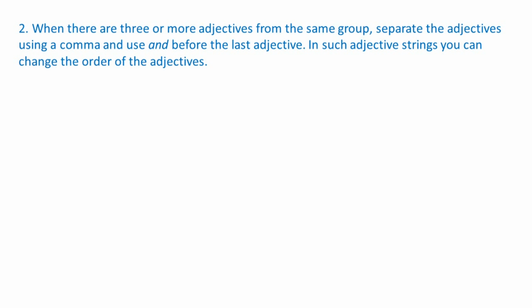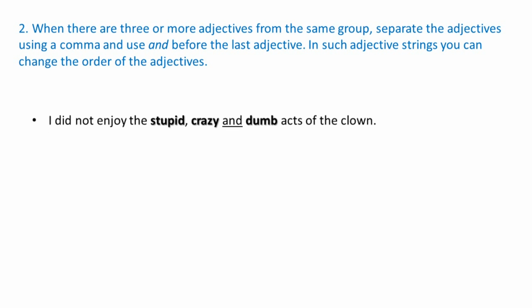Let us analyze an example and then you will understand better. Here is an example. I did not enjoy the stupid, crazy and dumb acts of the clown. So here are three adjectives to describe the noun acts.